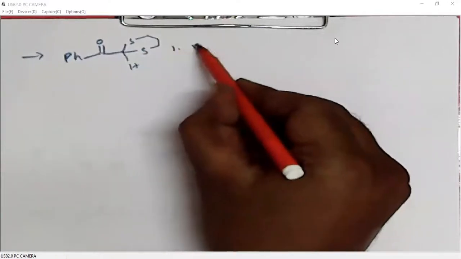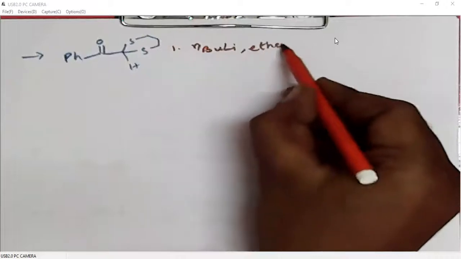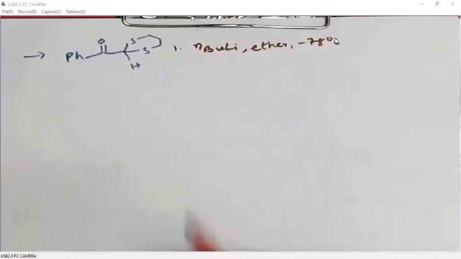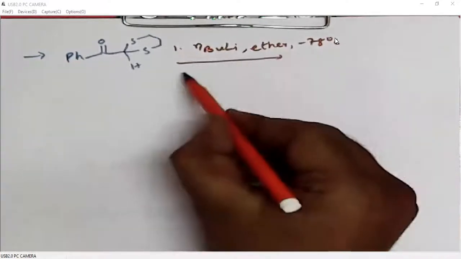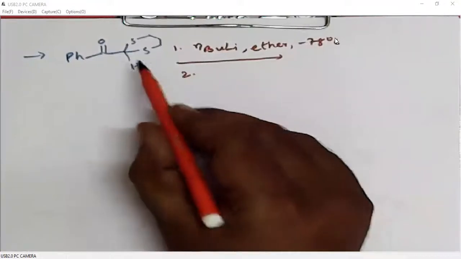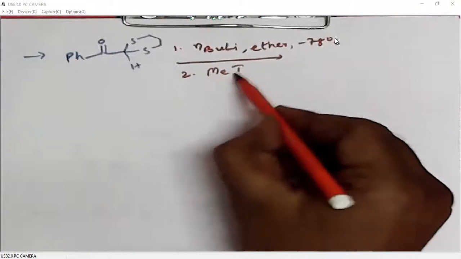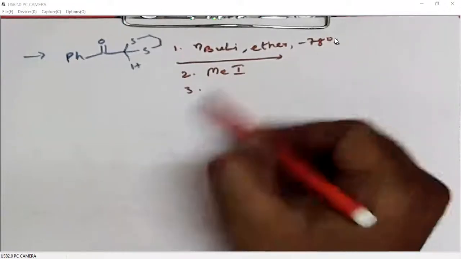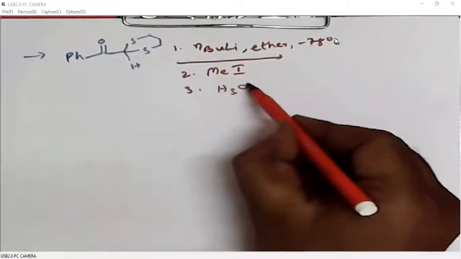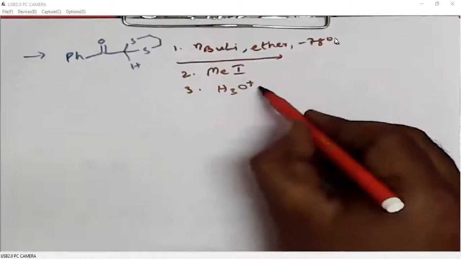When we treat this compound with alkyl lithium, here butyl lithium will pick up this proton, so it generates a negative charge here. That negative charge is used for alkylation, and then we can remove this 1,3-dithiane protection by hydrolysis.